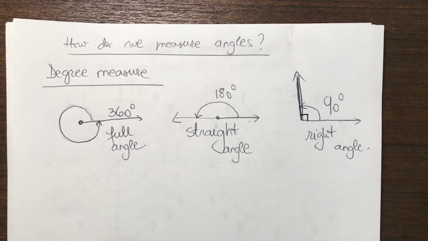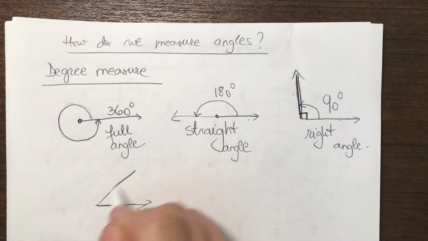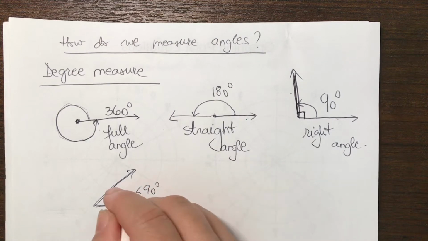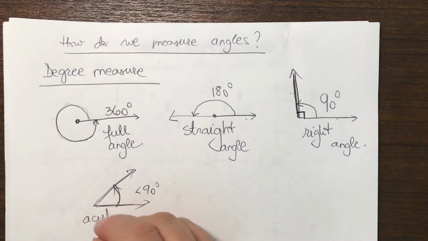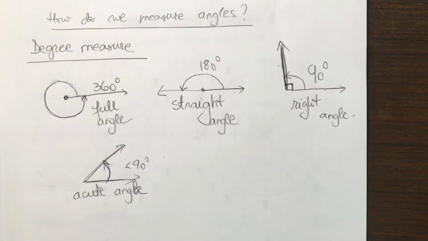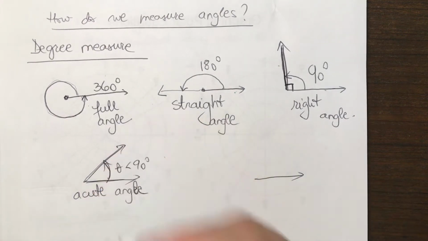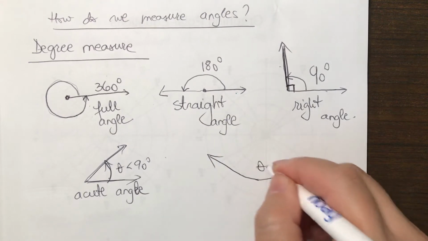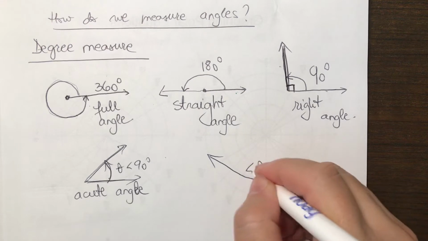Now, of course, you also know, if an angle has less than 90 degrees, then we call this an acute angle. Any angle that's less than 90 degrees is an acute angle. And an angle that measures between 90 and 180, right?